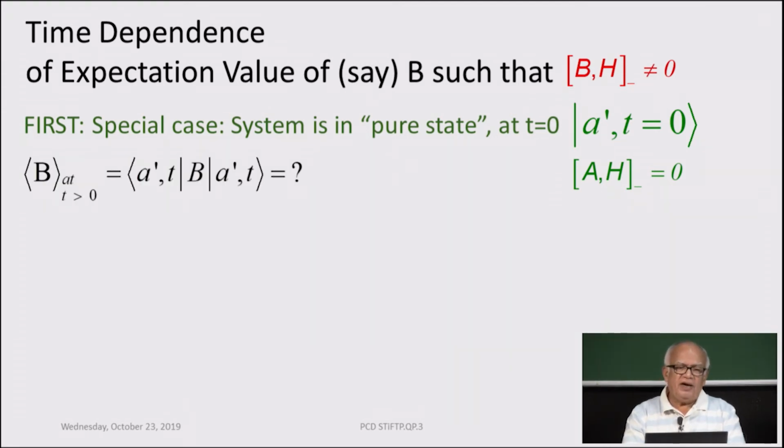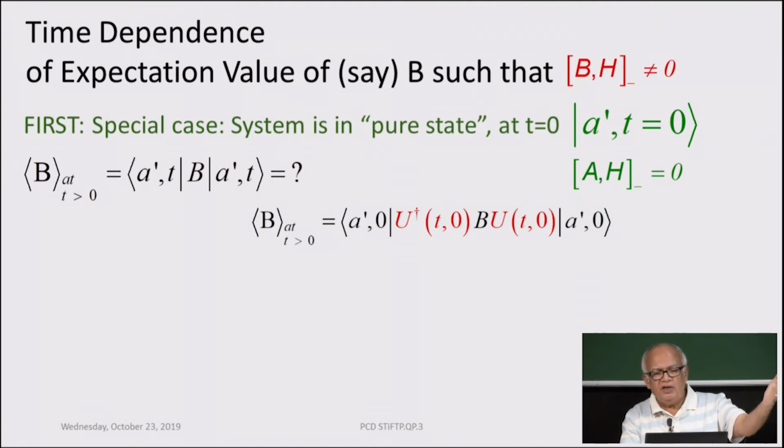So, if you now find its expectation value, which is given by this, all right. So, this is the question we are asking, what is the expectation value? If you know the expectation value at t equal to 0, what will be the expectation value at a later time? Is it going to be the same or is it going to be different?